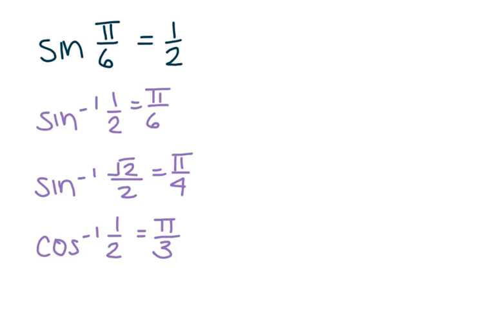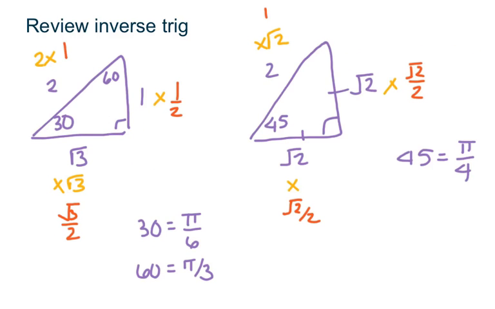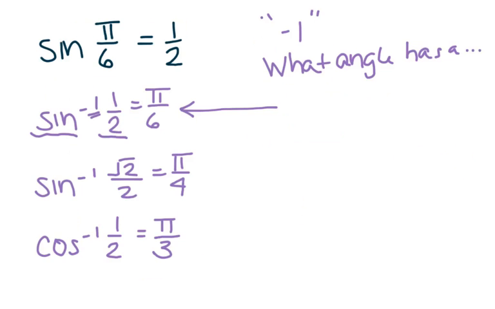What you're doing here, with that little -1, a good phrase is to say to yourself, what angle has a... So when we look at this problem right here, what angle has a sine of 1/2? If we go back here, sine is opposite over hypotenuse, that would be it.